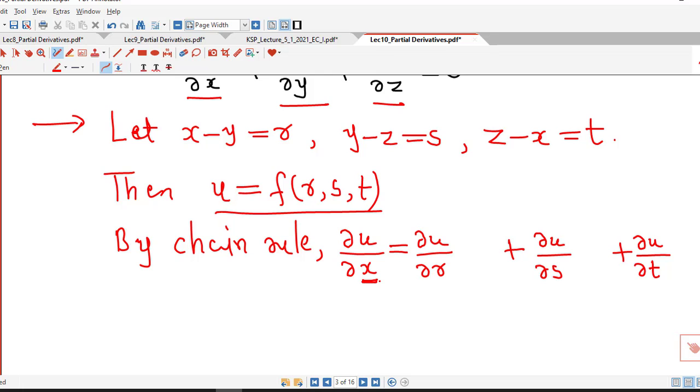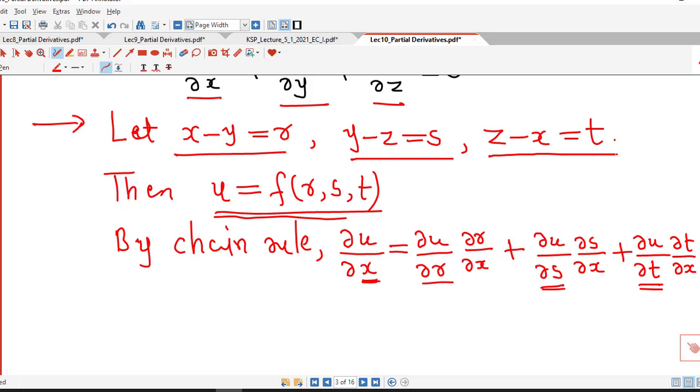Now we are interested in the derivative with respect to x, so in the product we write down partial derivatives of r s t with respect to x. Now we don't know what the function u is, so we will keep these three derivatives as they are, and del r by del x, del s by del x, del t by del x can be obtained from these three formulas.